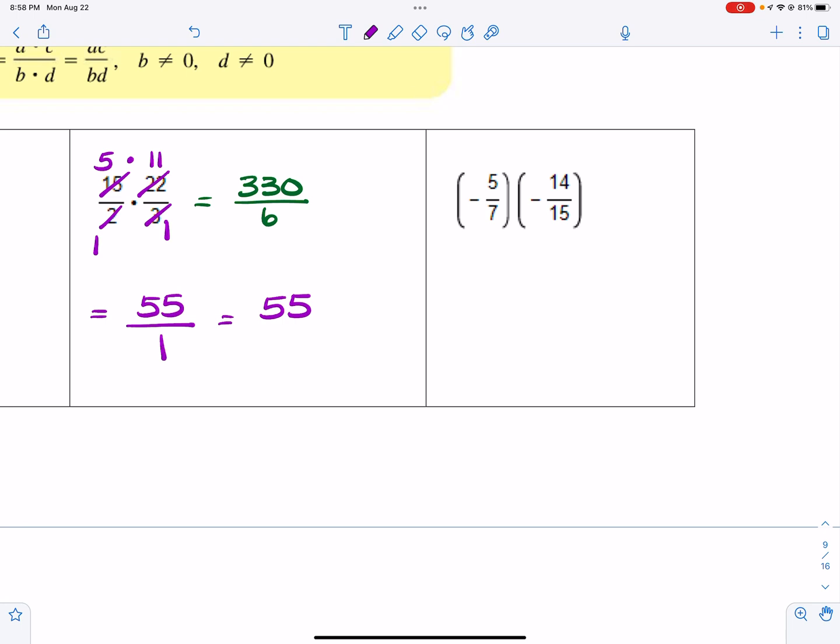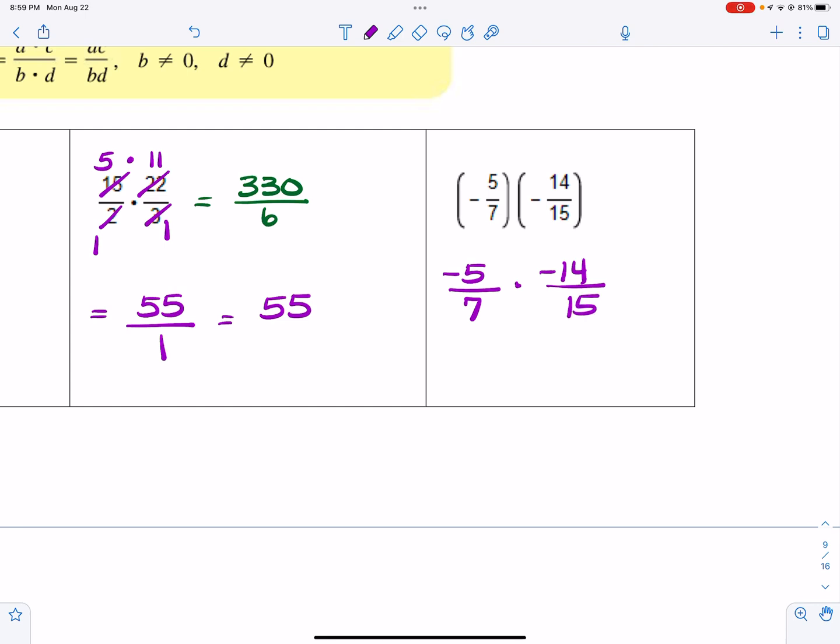Now this one, what I would be careful of is, you can just recognize that a negative times a negative is positive, or you can rewrite it so that you have -5 on top over 7 times -14 on the bottom over 15.